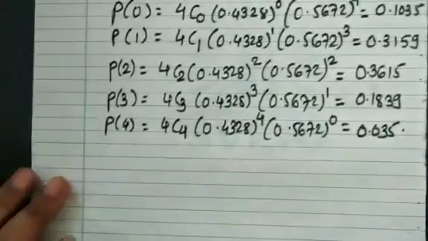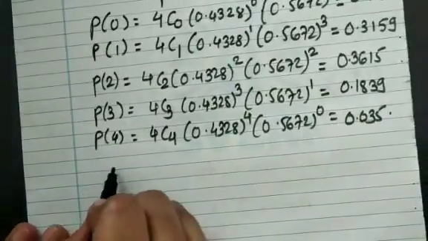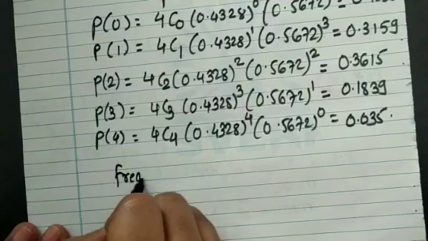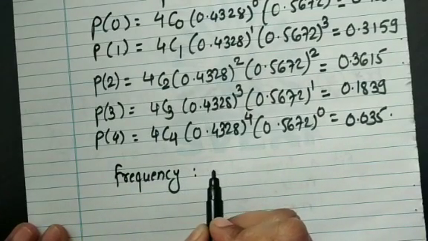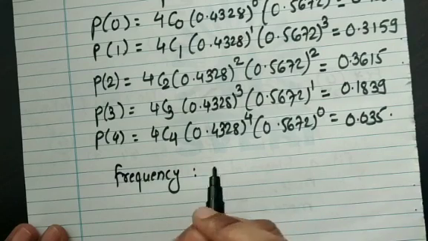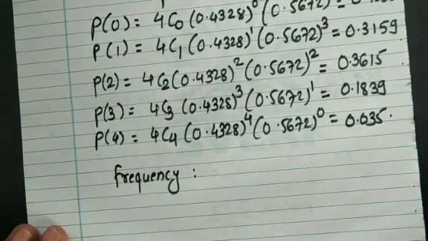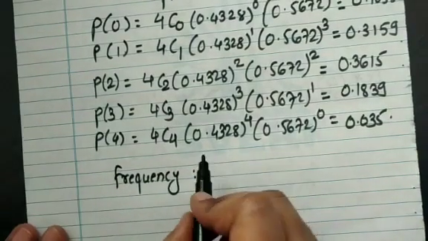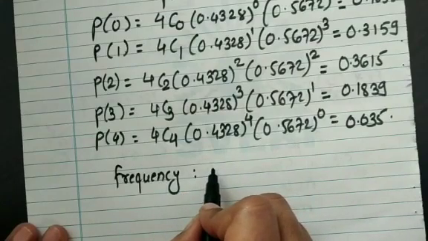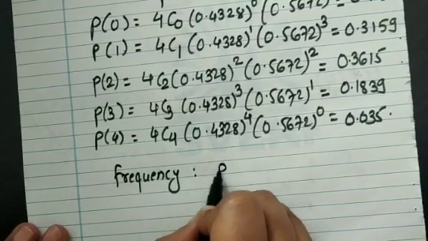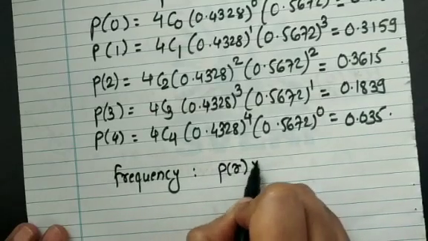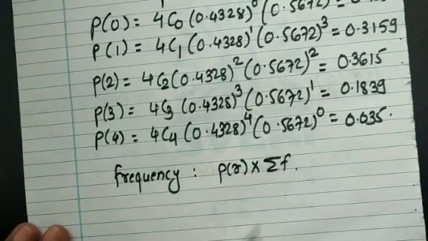Once we have the probabilities, we know the formula for frequency: if you have the total frequency of an experiment and the probabilities associated with them, then the frequency is the probability of r into summation f.